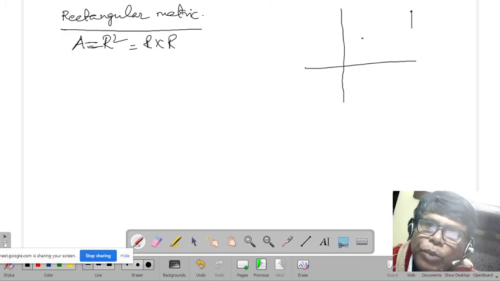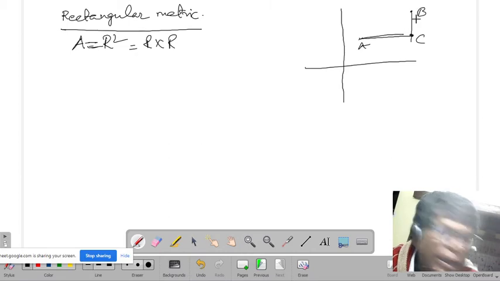You can draw a perpendicular from here to here. This point is C. So A, B and C.